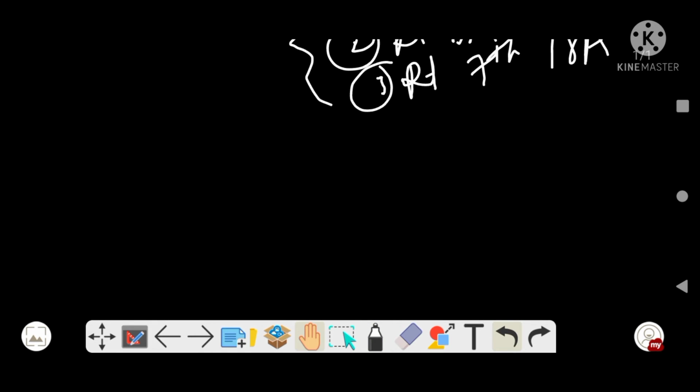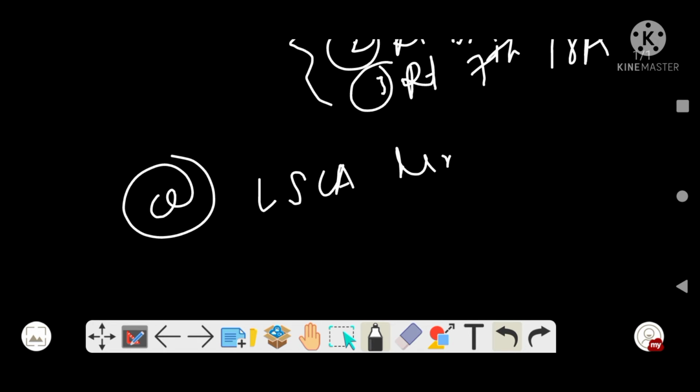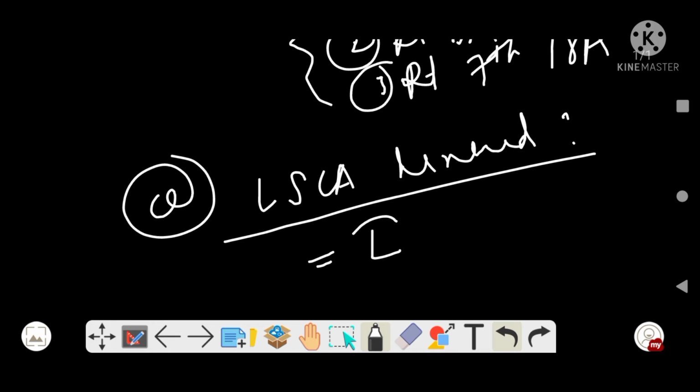Now next question that has been asked. Left subclavian artery derived from left seventh intersegmental artery. So right subclavian artery is derived from right seventh intersegmental, and left subclavian artery derived from left seventh intersegmental artery. Simple.